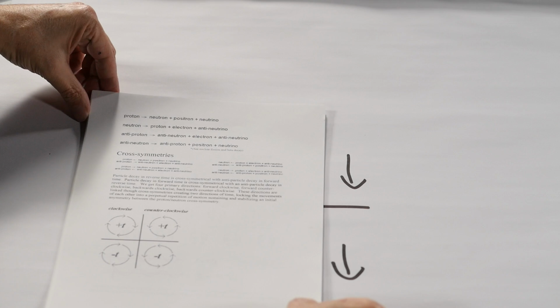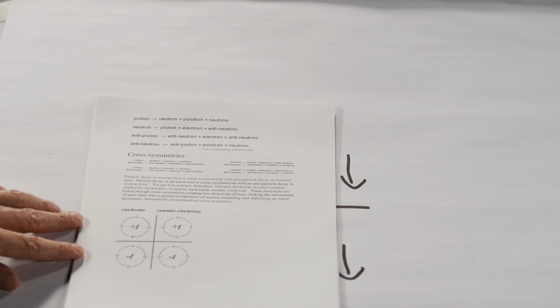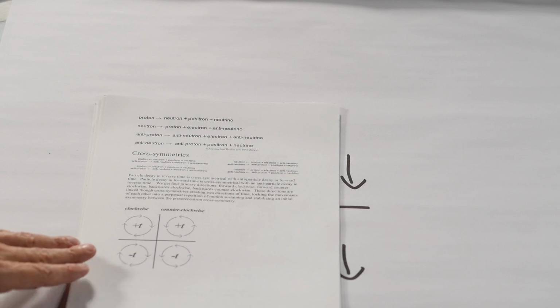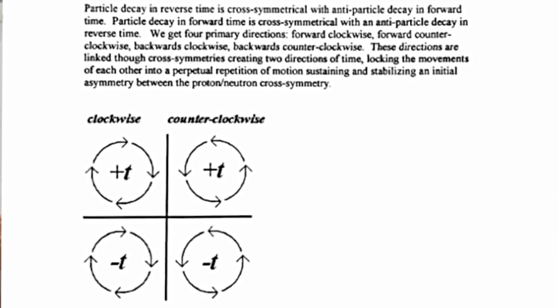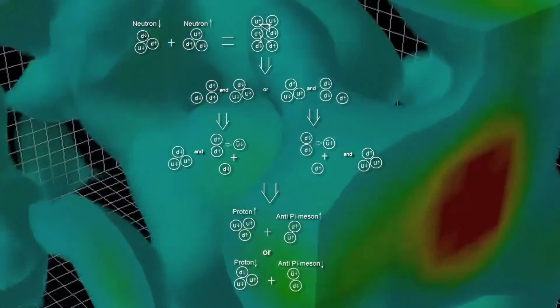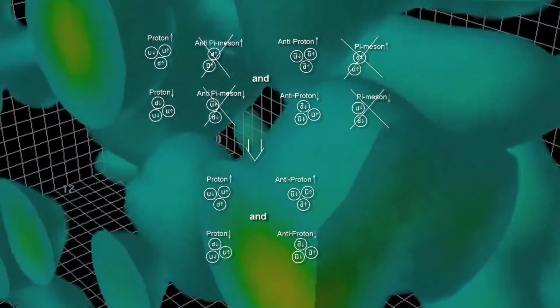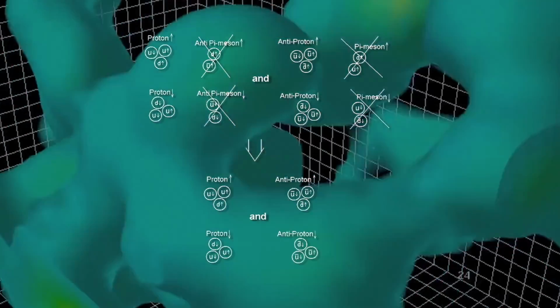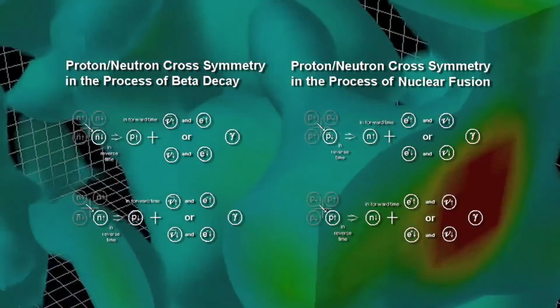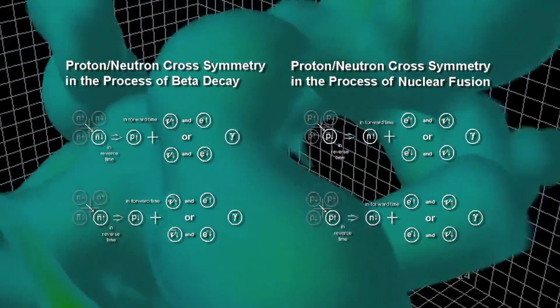Yep. So here we can see the time loop configurations to show how we have a clockwise forward time and a reverse counterclockwise symmetry, right? And so what we get is proton, neutron, antiproton, antineutron symmetry that we generate with this.